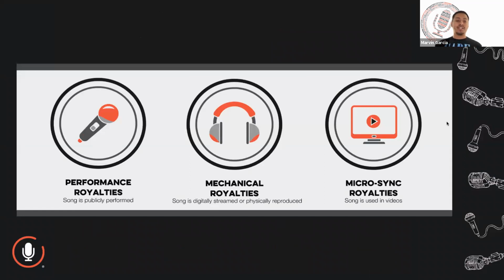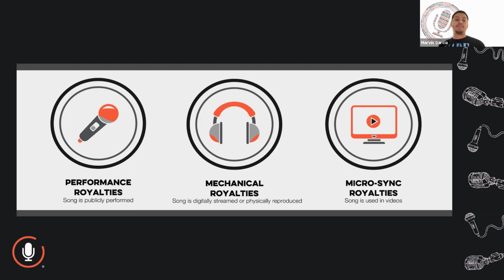So let's look at the royalties that are generated from your song. We have performance royalties, mechanical royalties, and micro sync royalties. There are so many different ways that you can generate royalties from your original works, but through the lens of streaming, interactive streams will generate both your performance and your mechanical royalties.